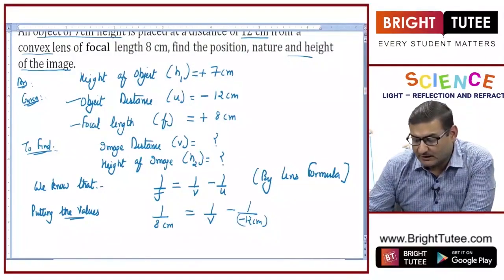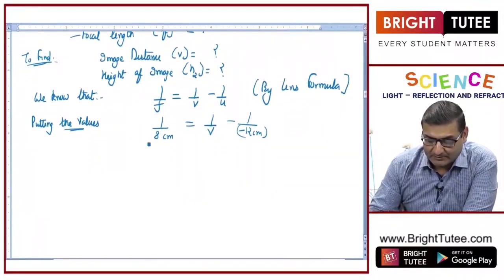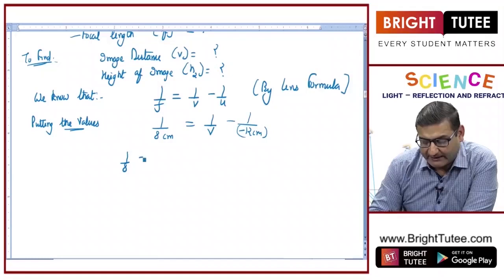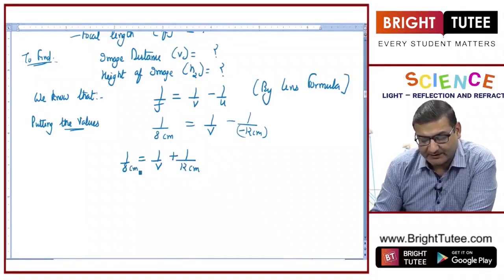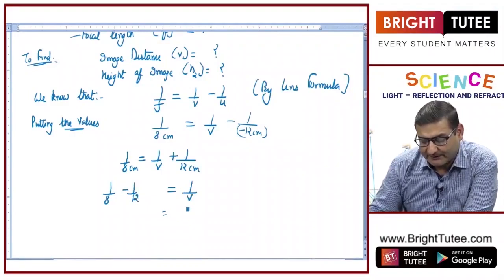Now it's just a simple calculation that we need to do. So I'll say 1 by 8 is equal to 1 by v, and this minus and minus sign will convert into positive 1 by 12 centimeters. Taking 1 by 12 over here and keeping 1 by v over here only, I'll get 1 by 8 minus 1 by 12. Simply now I need to take the LCM, which is 24. This is 3 minus 2.